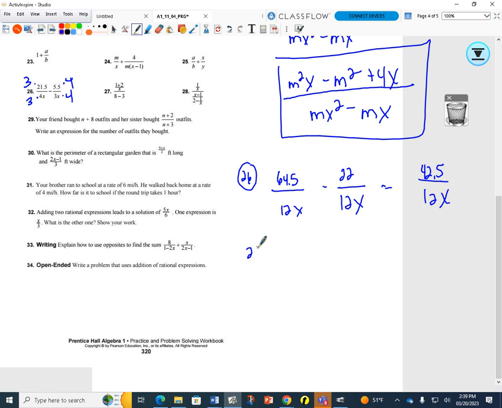And I think the last one we did yesterday was 28. And 28, so that's 1 over x divided by, I'm going to go ahead and turn that complex fraction into a division problem, divided by x minus 1 over 2 minus 1 over x.